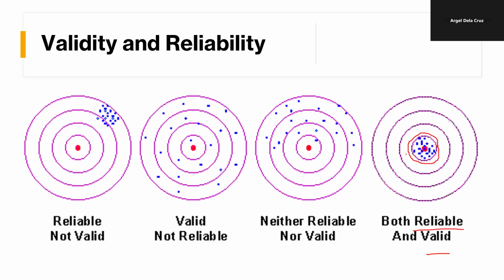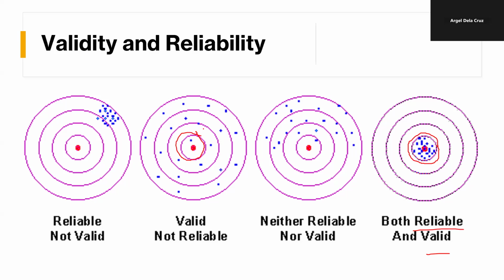Now, there are some cases that your measurement is valid because you have hit a certain spot. However, a reliability issue also compromises the quality of your instrument, because we're not expecting that some phenomenon are not measured well by your instrument while all the while you're measuring good.